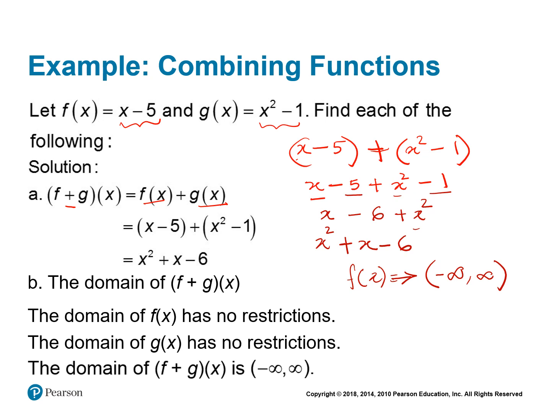G of x is a quadratic function, x squared minus 1, but in a quadratic function too, we can input any value for x to produce a real number value for y. So f of x and g of x both have the same domain, minus infinity comma infinity for both.